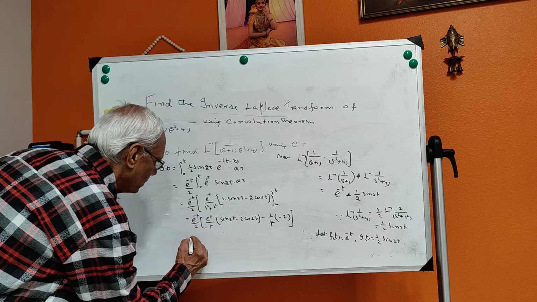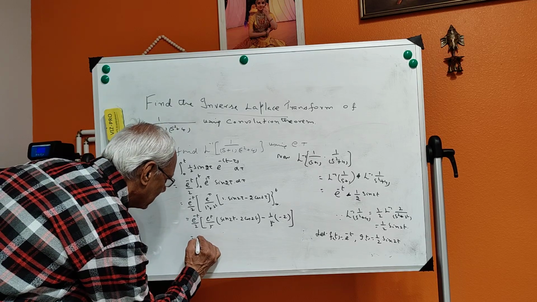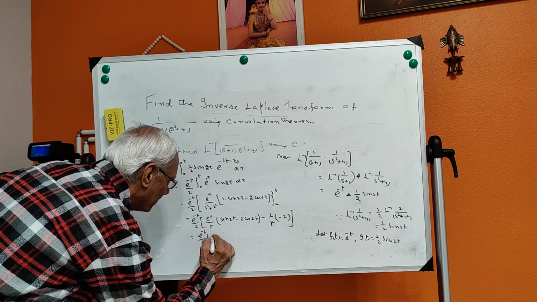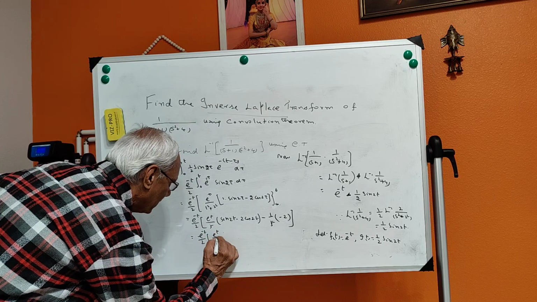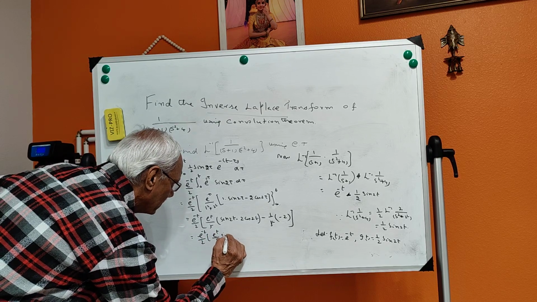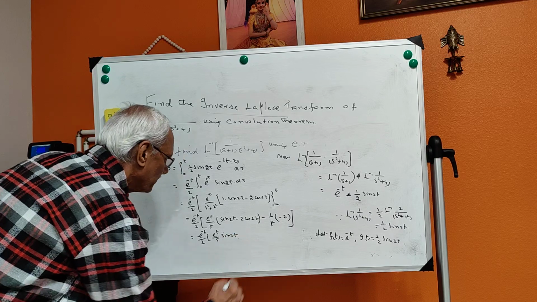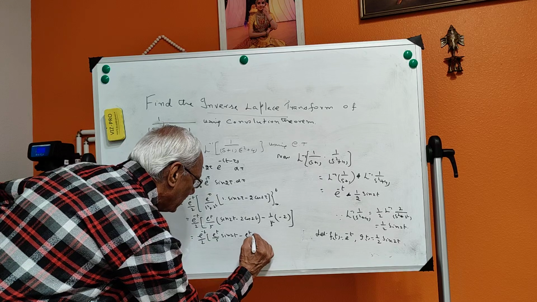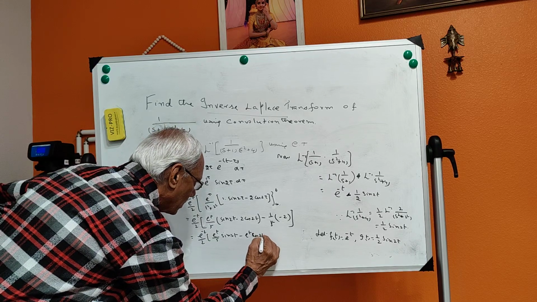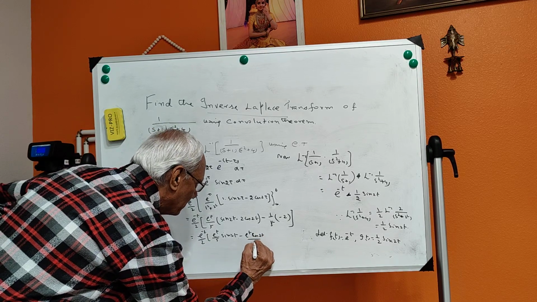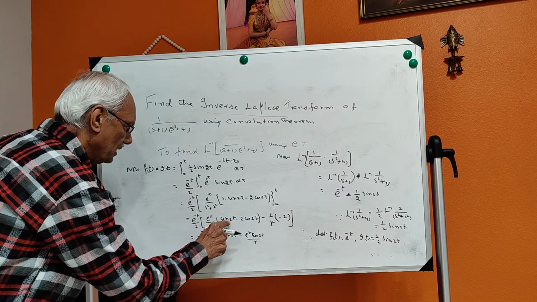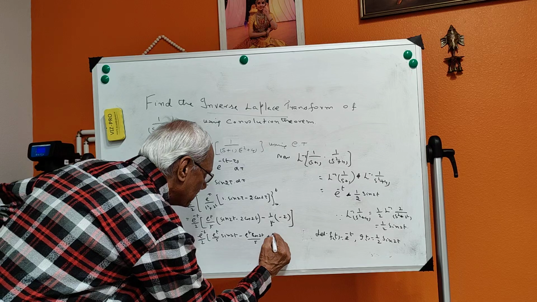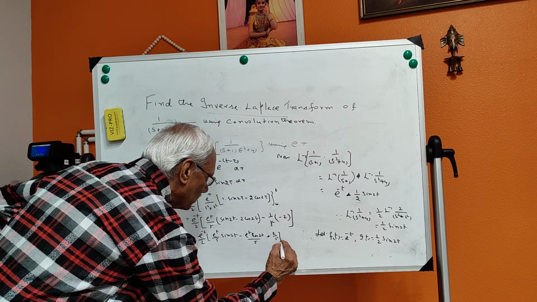So this is equal to e to the power of minus t divided by 5 into e to the power of t sine 2t minus e to the power of t 2 cos 2t, plus 2 by 5.